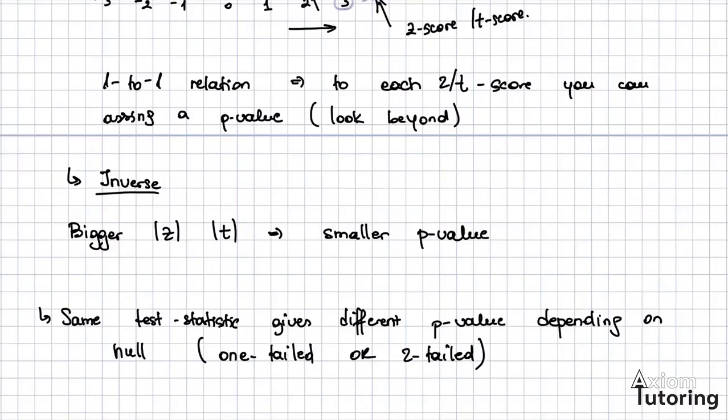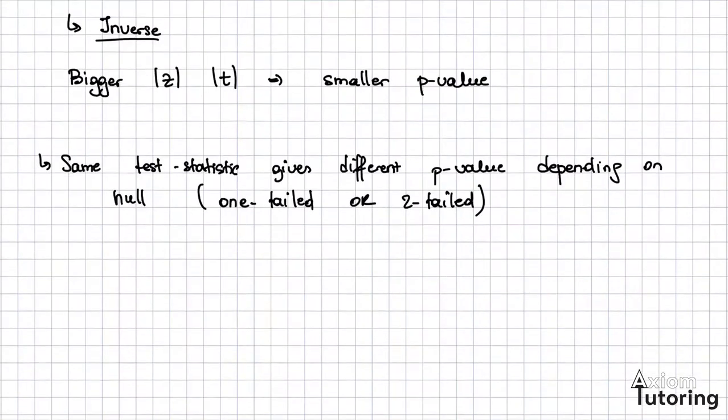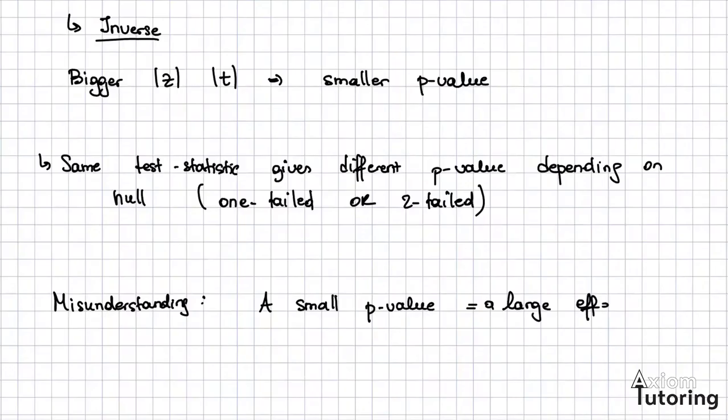There is, however, a common misunderstanding that comes out of this relation between the z and the smaller p-value, and the misunderstanding is that a small p-value means a large effect or means an important result. And now that you know the meaning behind the p-value, this shouldn't be a misunderstanding that you have anymore.